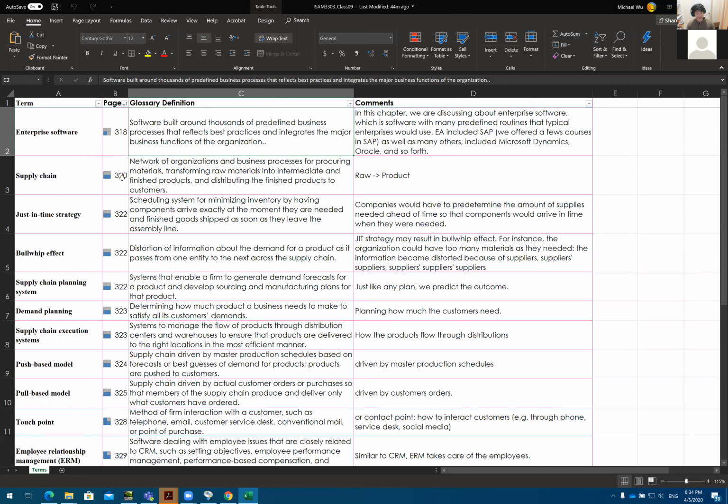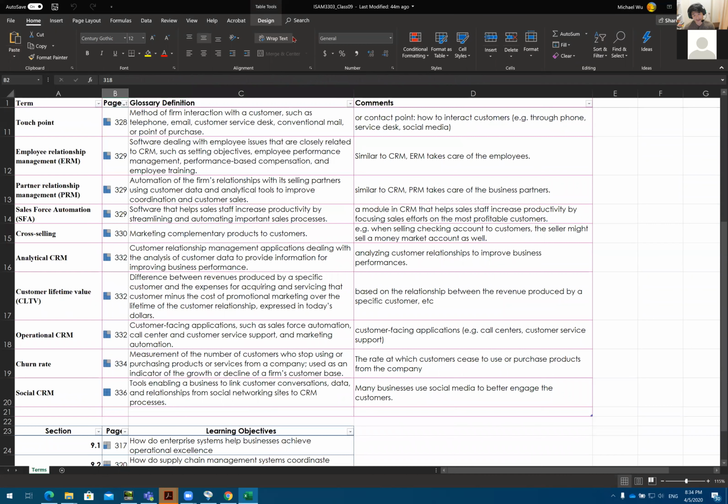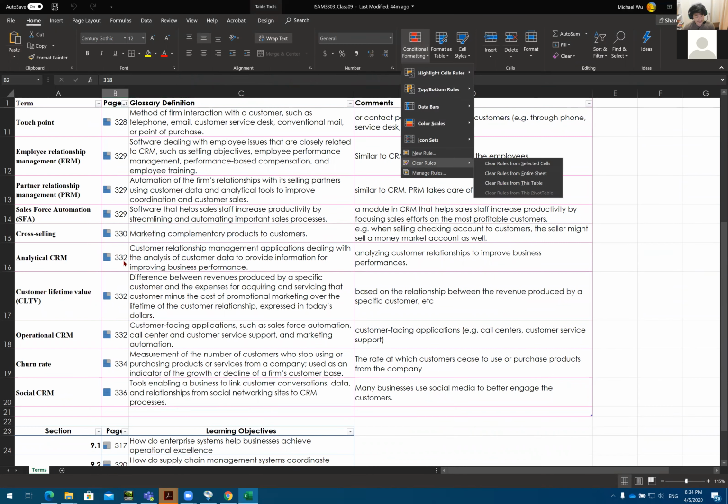Then we have the page numbers. This corresponds to the actual page numbers of a hard copy book. So I'm just reminding you. And each icon again corresponds to sections 1, 2, 3, and 4. Again, I used conditional formatting to have these icons assigned.